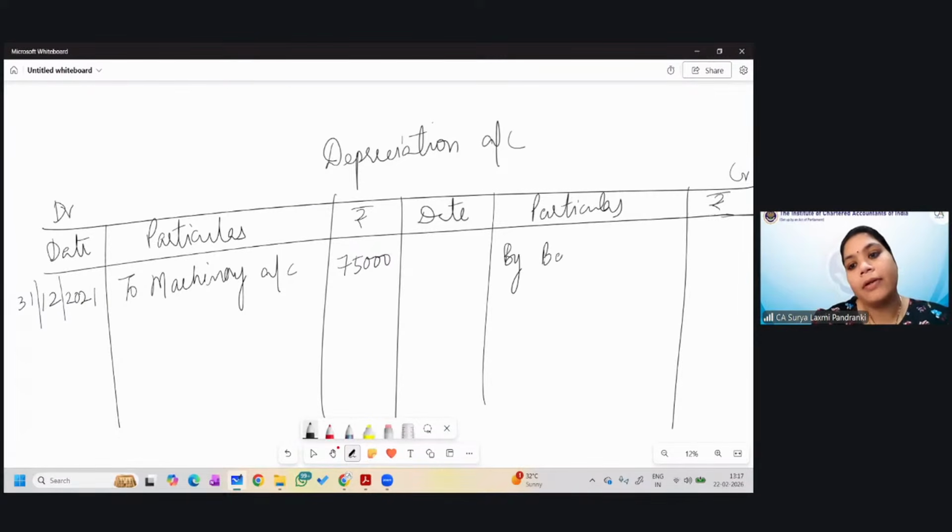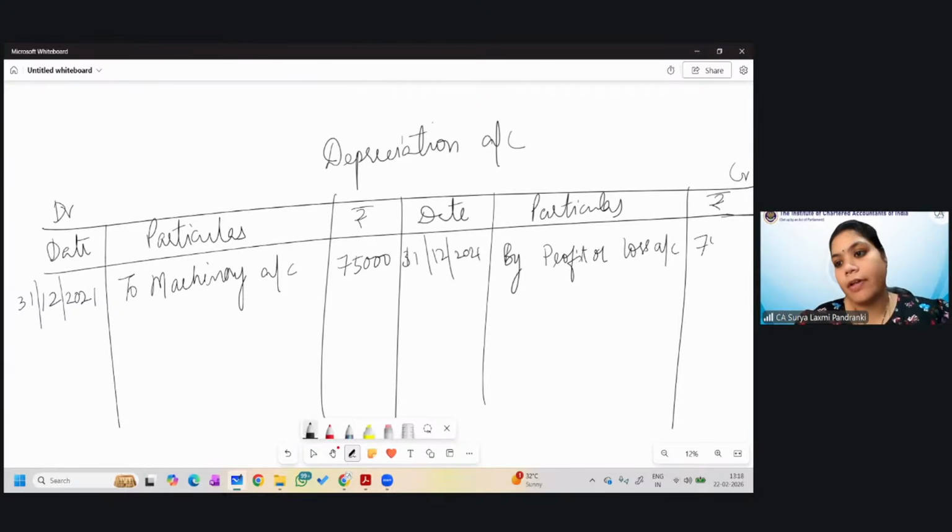Now, by balance carried down, this will be on 31st. I'm so sorry, it is not balance carried down. 31st December 2021. It will be by profit or loss account, 75,000.